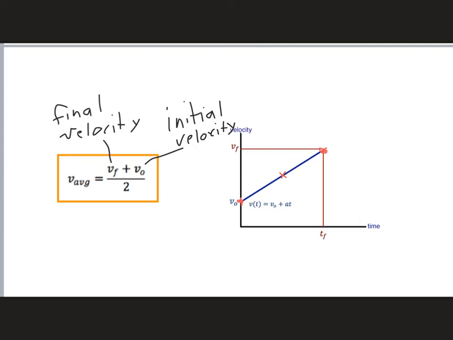Because let's consider it's a property of straight lines that if you're at the point in the middle, like this little x that I've drawn for the average, if I move this over here, this would actually be the point v average. So that would be the average value of the velocity of the endpoints of the motion, the initial and the final velocities.